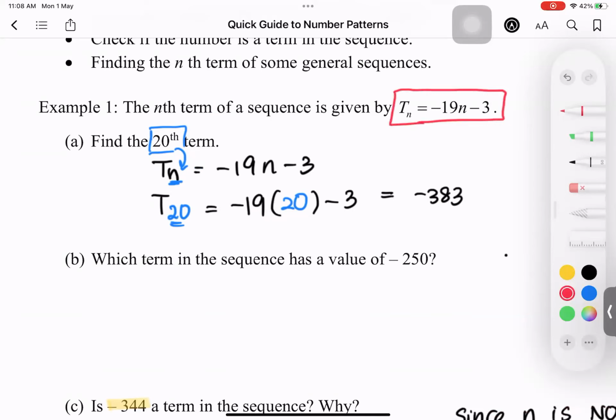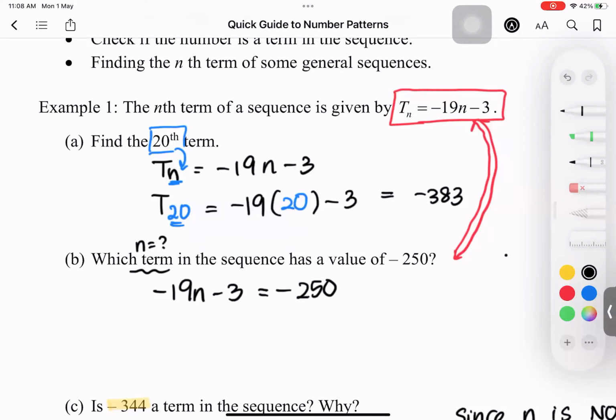So I need to take this formula and equate it to negative 250. So I take the formula negative 19n minus 3, I equate it to negative 250. Then they ask me which term, so n equals which number? Term number.